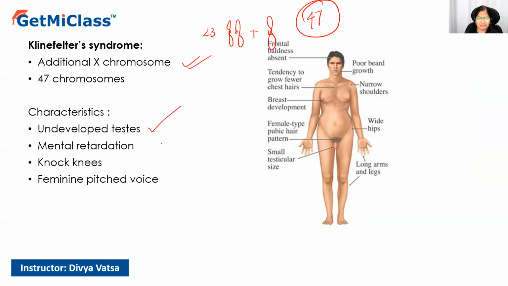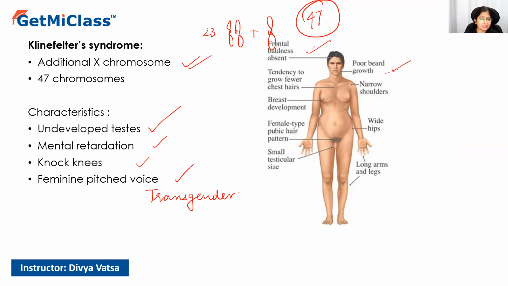Testes are not very well developed. Mental retardation is there. Knock knees are there. Feminine pitch voices are there. These are the people that are present in society and they're called transgender. Okay, because they can't actually scientifically qualify into the 46 chromosome as male and female.